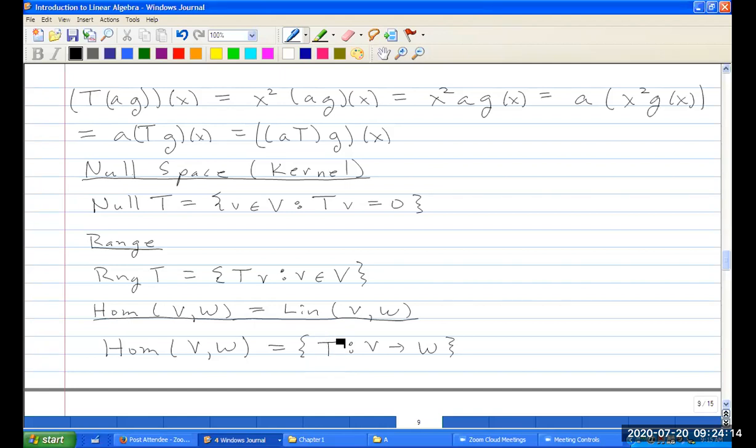It is the set of all linear transformations T from the vector space V into the vector space W. It turns out that this is actually a vector space.